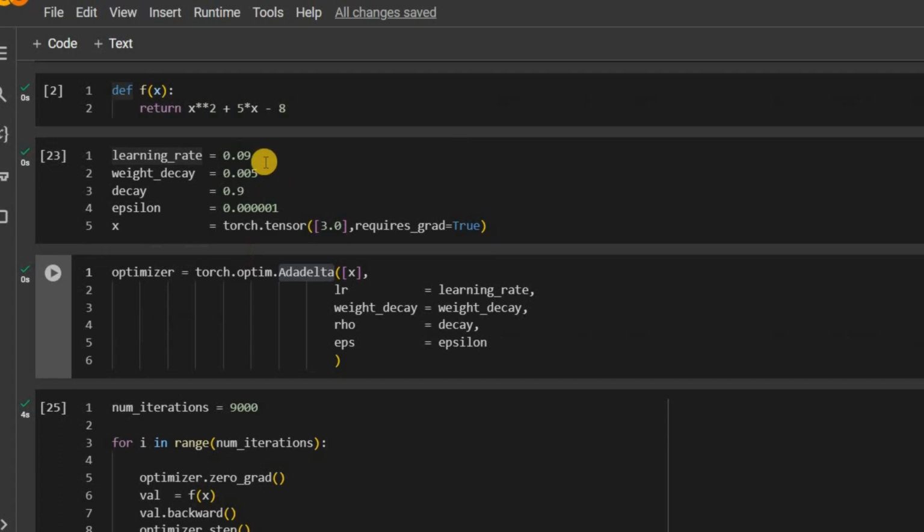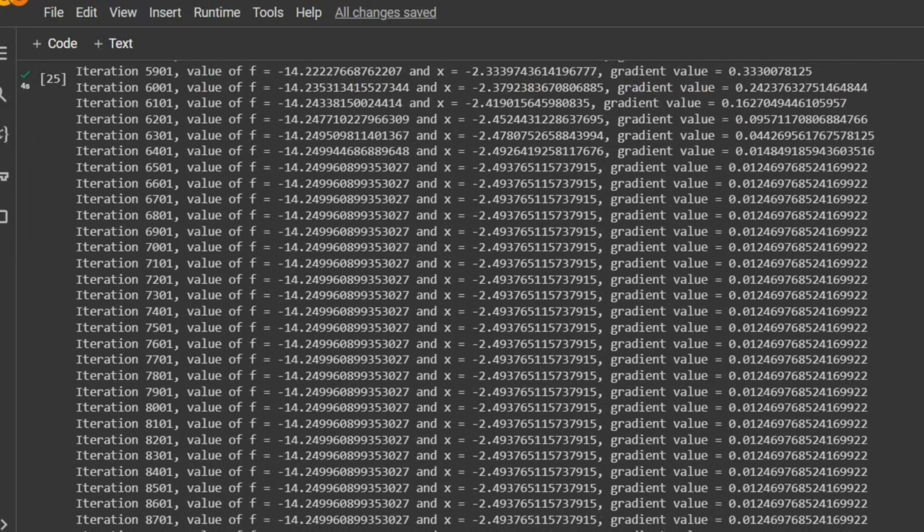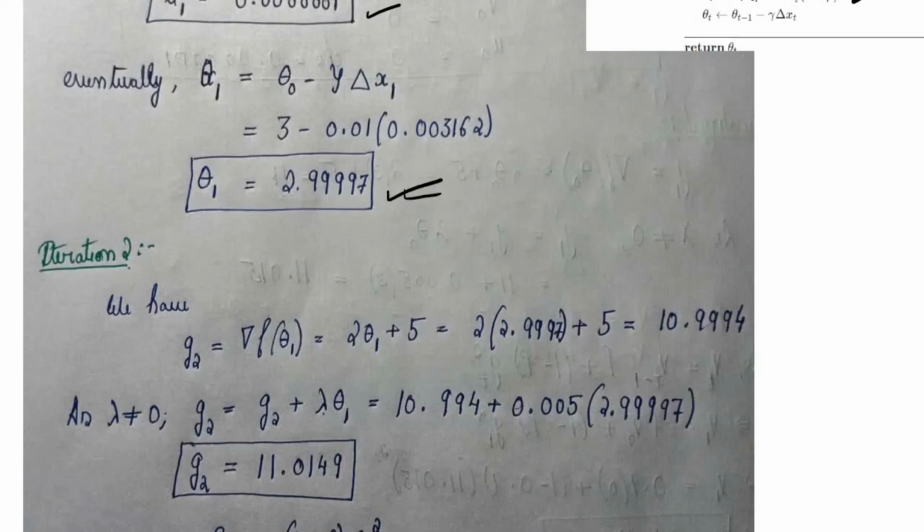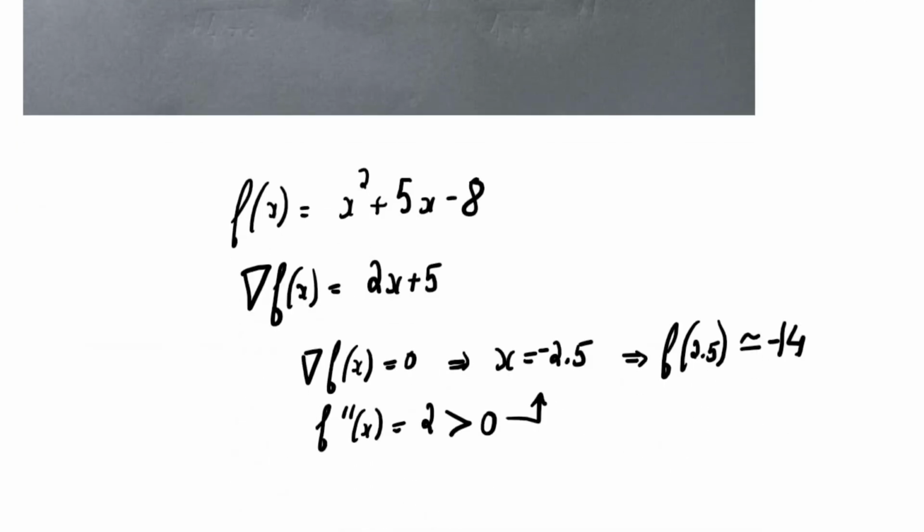We did a little bit of parameter tuning though. We started with a learning rate of 0.01 and realized it's too little to get convergence. So we increased the learning rate, which is a way of tuning the parameters. And then we ran it for around 9,000 iterations, and we concluded that we are getting a value which is very close to the actual minimal value if we had to calculate it with pen and paper.